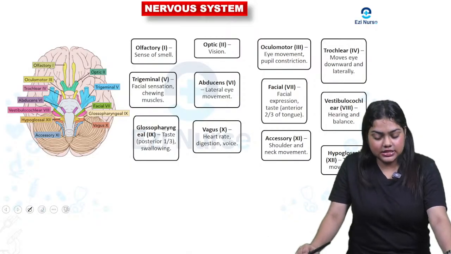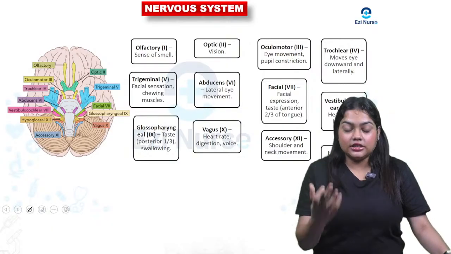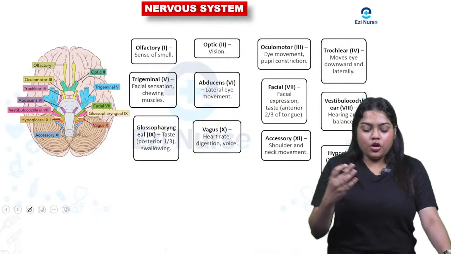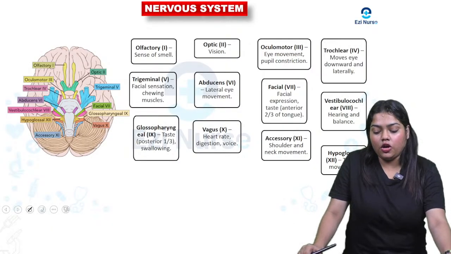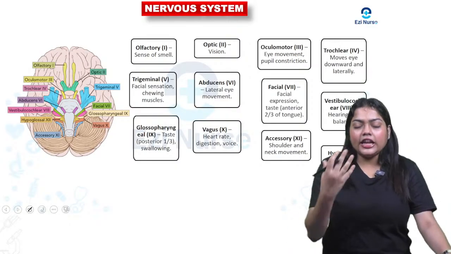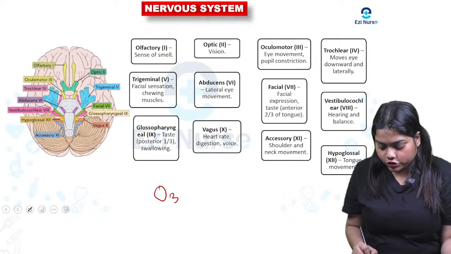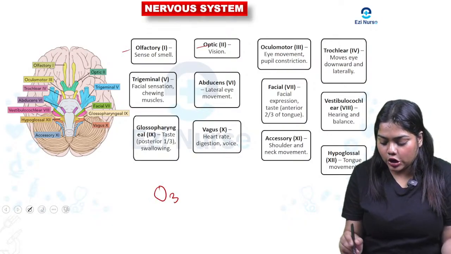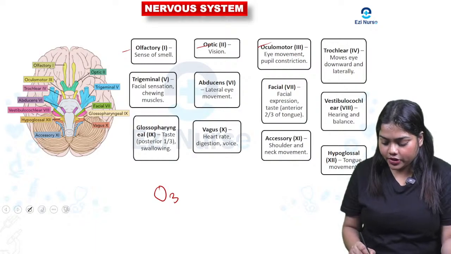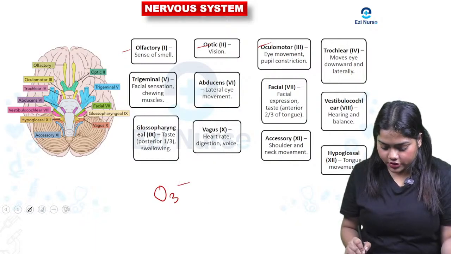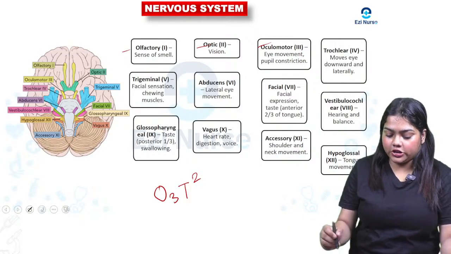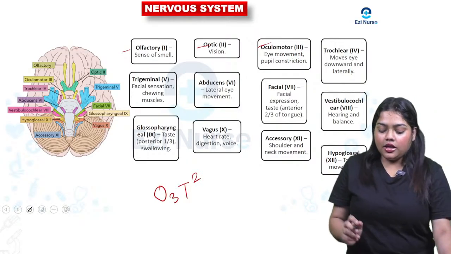Next is the nervous system. In the nervous system we will learn about the 12 cranial nerves. An easy way to study them: there will be O3, because we have olfactory, optic and oculomotor. T2, because we have trochlear and trigeminal.